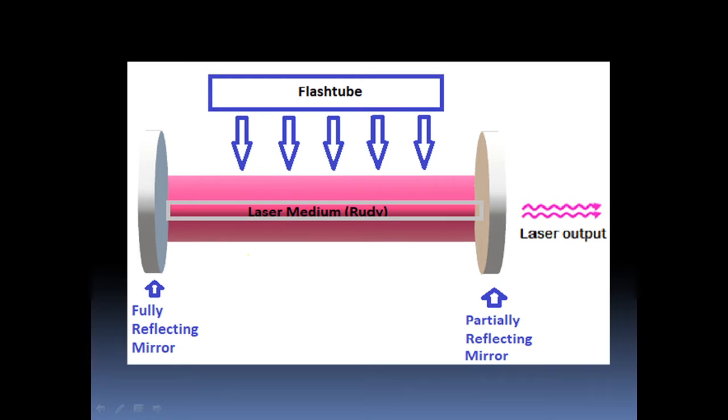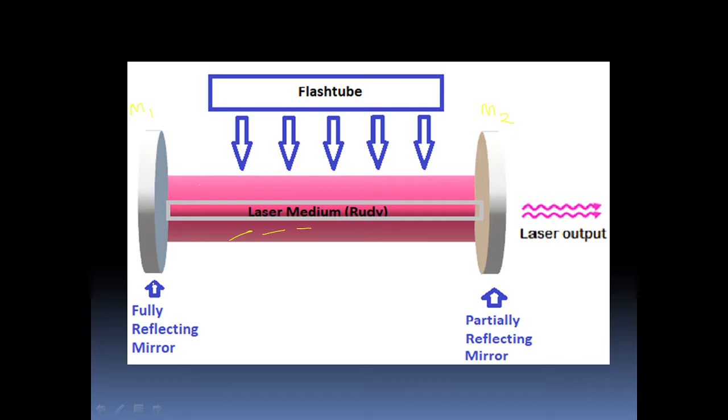This is the diagram for the Ruby Laser. This is the ruby rod which is used as a laser medium, and on both sides of this rod we have two mirrors, mirror M1 and mirror M2.